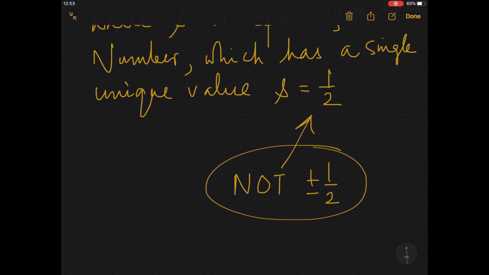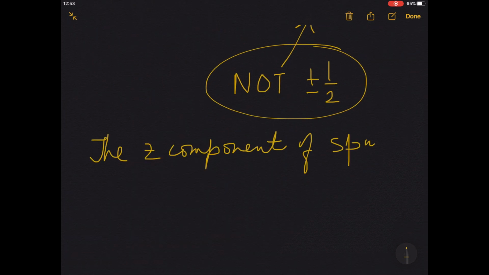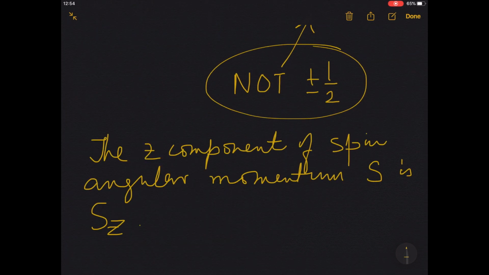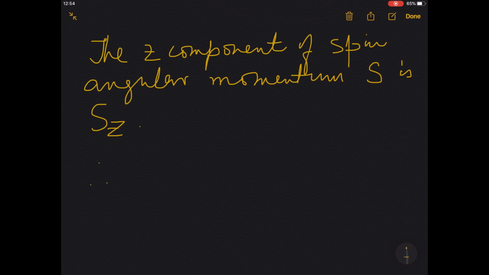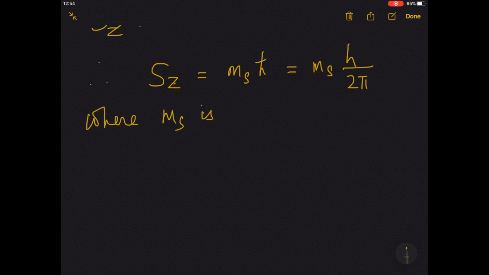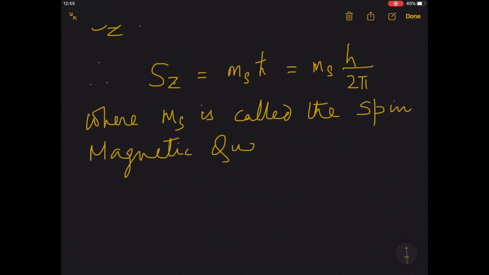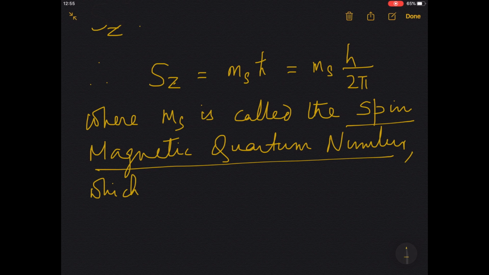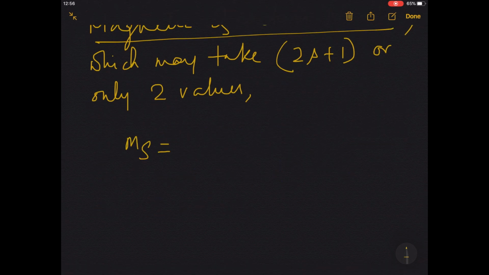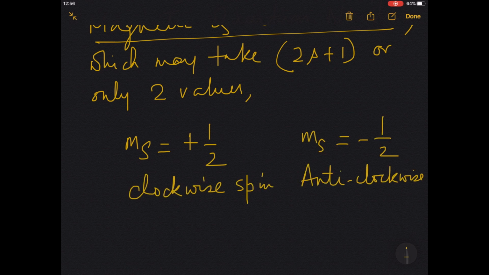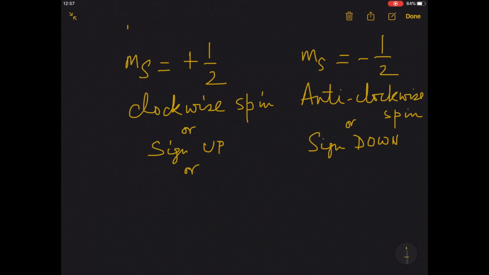The z component of spin angular momentum, Sz, equals ms into reduced Planck's constant, where ms is the spin magnetic quantum number, which may take only 2 into small s plus 1, or 2, values, that is plus half for clockwise spin or spin up or alpha electron, denoted with an up arrow, and minus half represents anti-clockwise spin or spin down or beta electron, denoted with a down arrow respectively.